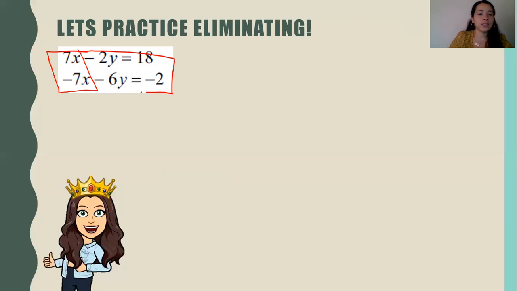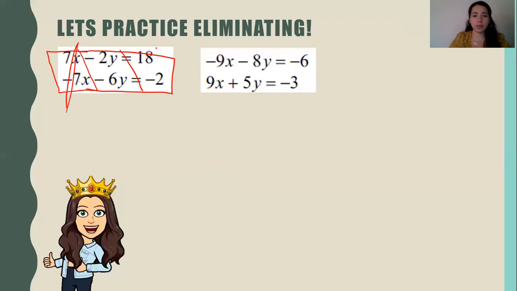Here, let's do it like this: 3 groups, x's, y's, and then the numbers that don't have any coefficients. Notice this is a 7 and that's a negative 7. Can those cancel out? Yes, they can because they're opposites. 7 and negative 7x, they're opposites. So guess what? That's what I would cancel out. Notice these are different. I can't cancel them out. And these, I can't cancel those out either.